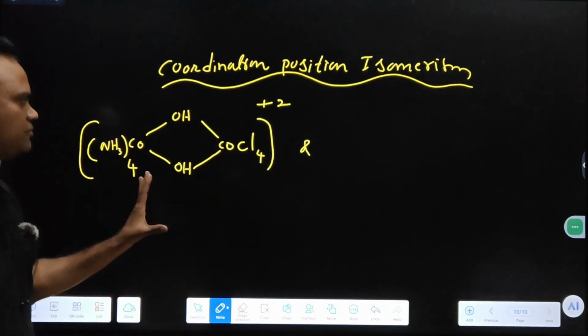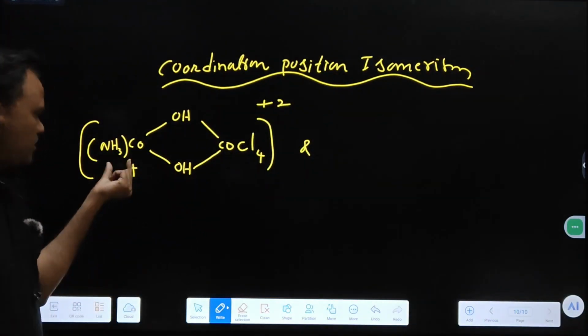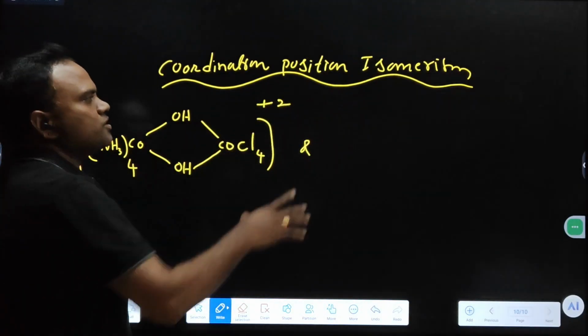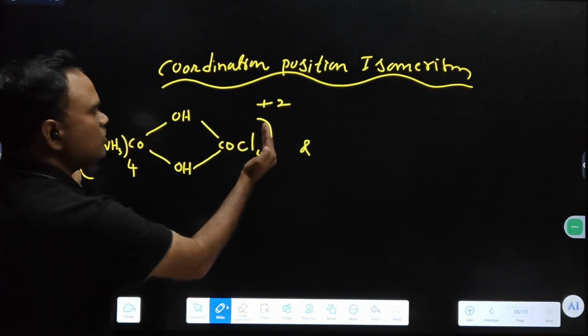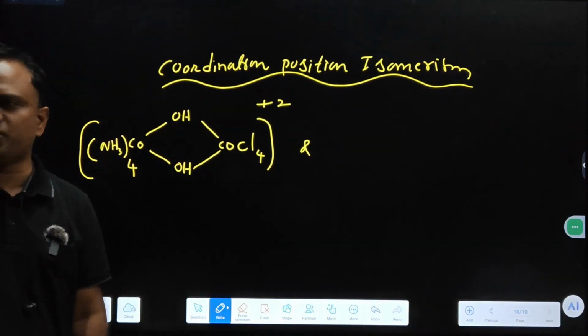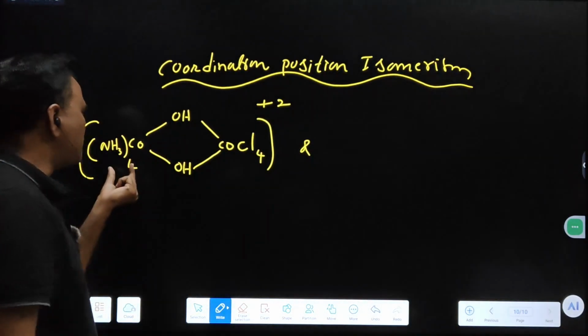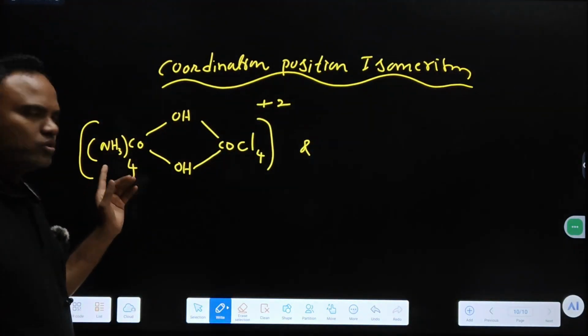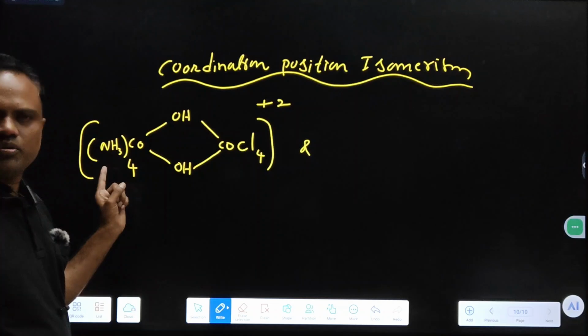Right. See, shift one amine to this side. Coordination position: within the coordination sphere, the position of ligands is different. See, here how many amines are attached to cobalt? Here how many amines are attached? 4.